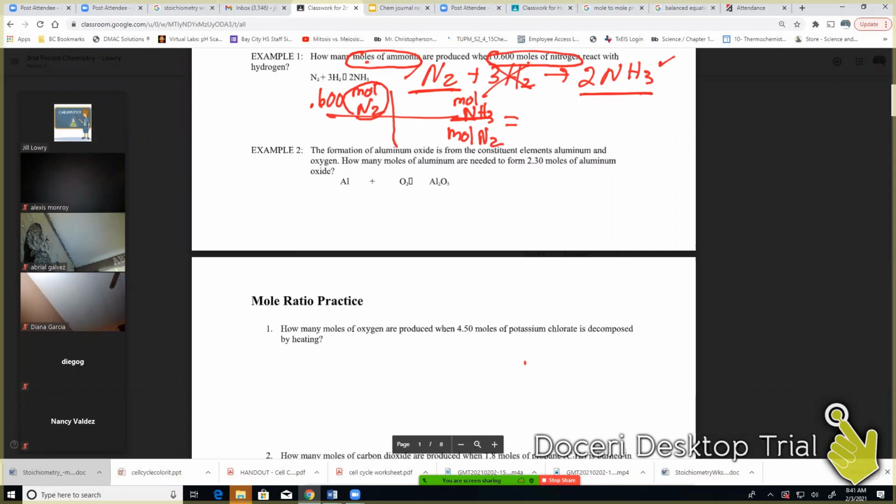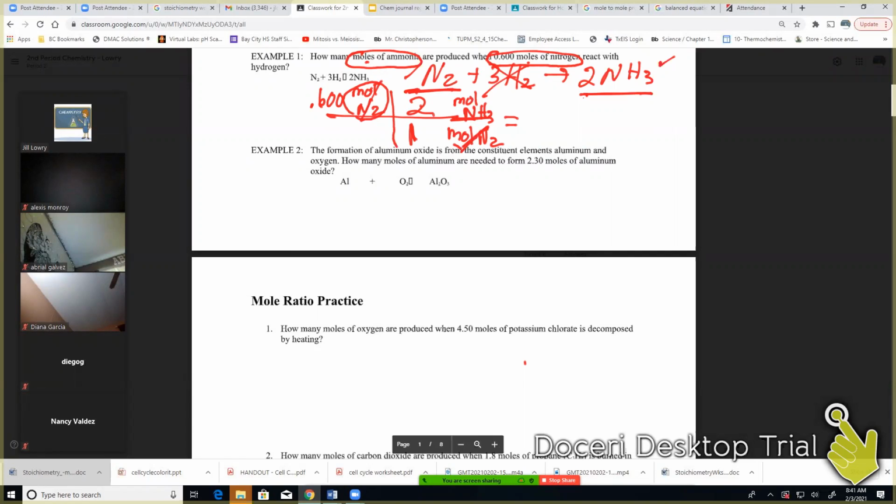So now I've done all the hard work, which to me is setting up. So now all I have to do is read my coefficients from the problem. How many moles of nitrogen do I have? 1. Remember, no coefficient, we assume it's 1. And how many moles of ammonia do I have? 2. My moles of nitrogen cancel like I wanted it to.